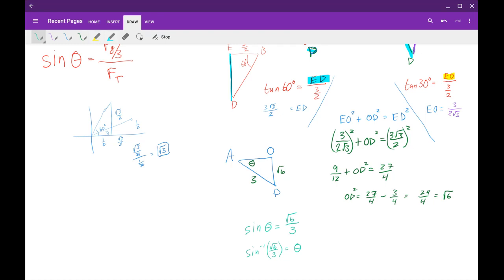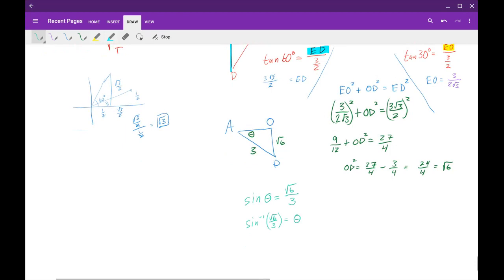Let's do sine inverse of, send it into the calculator here, root 6, close parentheses, divided by 3. We're getting 54.7 degrees.